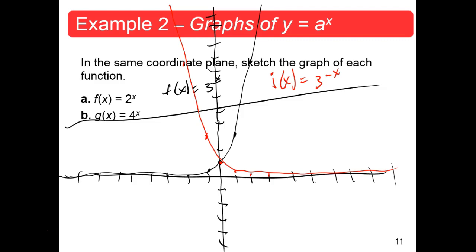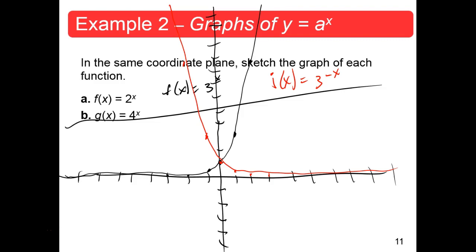So yeah, this is 3 to the minus x. And that's what we mean by describe the transformation when you have these similar but different graphs. Okay, reflecting across the y-axis because you've negated the x, flipped it on the other side.